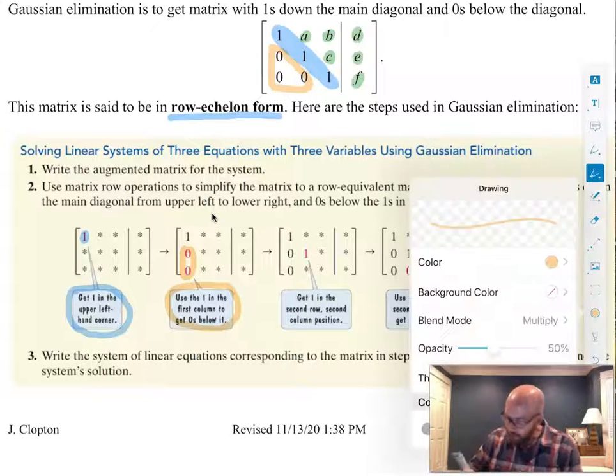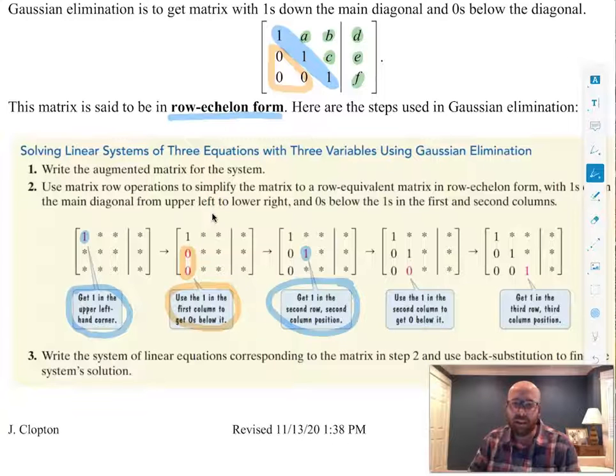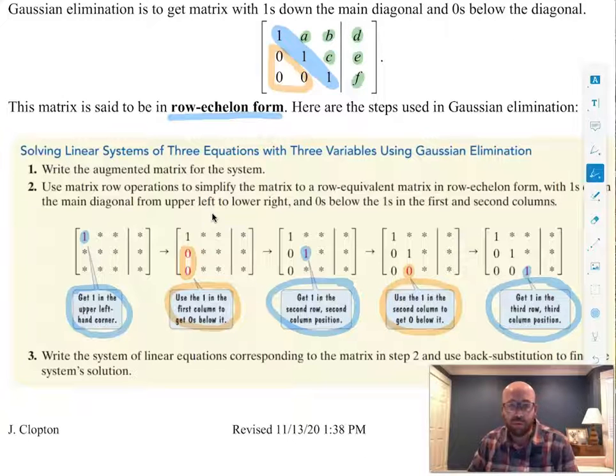Then the third goal, again, is to make a 1 in the second row, second element. And then we're going to use that 1 to our advantage to get a 0 below it. And then our final step is to get a 1 in the third element of the third row.